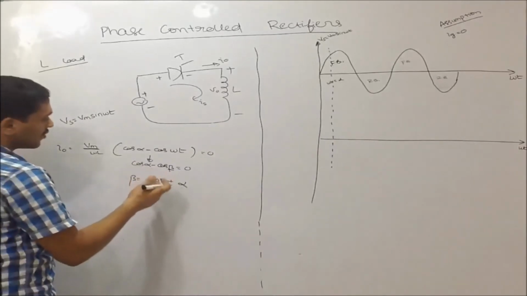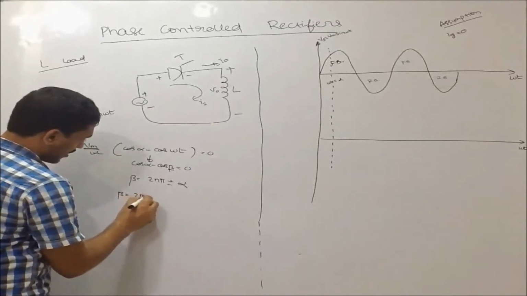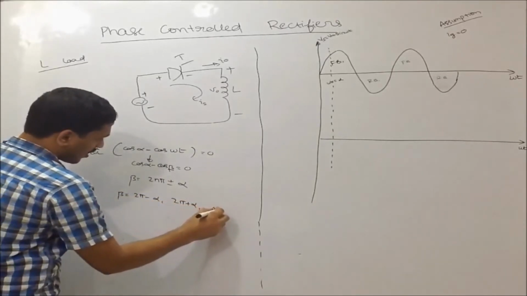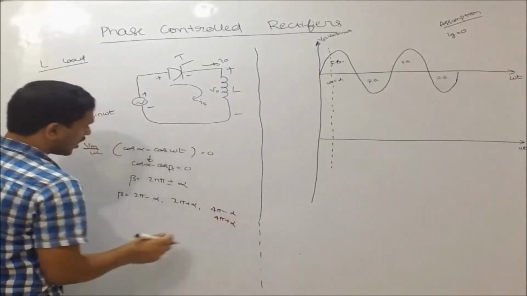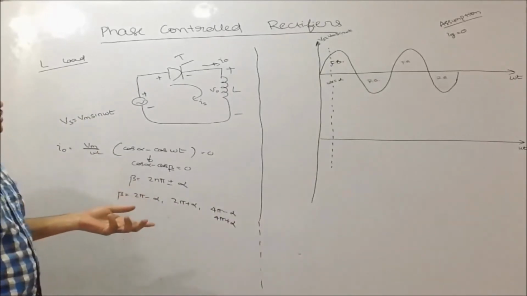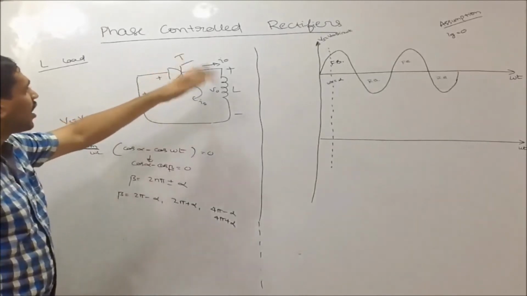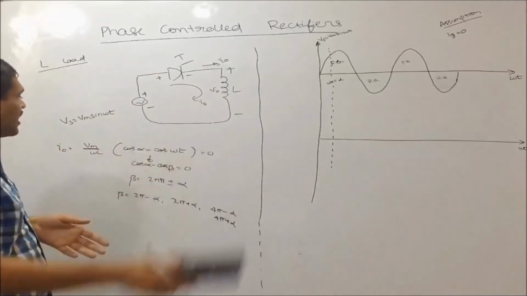So if you look for different values of beta, what I get? 2 pi minus alpha, 2 pi plus alpha, 4 pi minus alpha, 4 pi plus alpha, and so on. I will take the instant where the current becomes 0. When the current becomes 0, the circuit comes to the off condition, and again the cycle has to repeat.